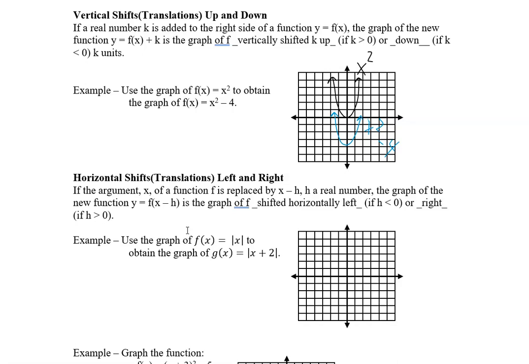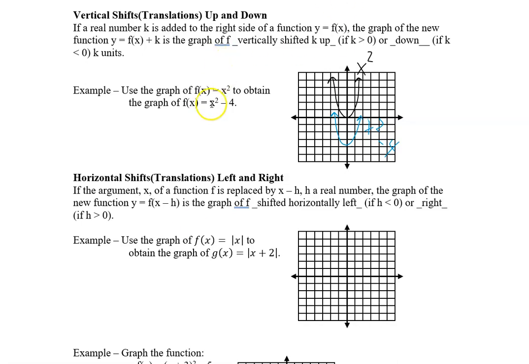So keeping in mind that a vertical shift occurs when we add or subtract to the entire function, and it makes sense. Positive is up, negative is down. A horizontal shift or translation occurs when we are adding or subtracting to just the argument.